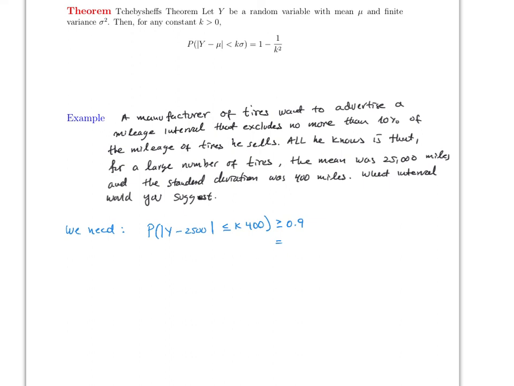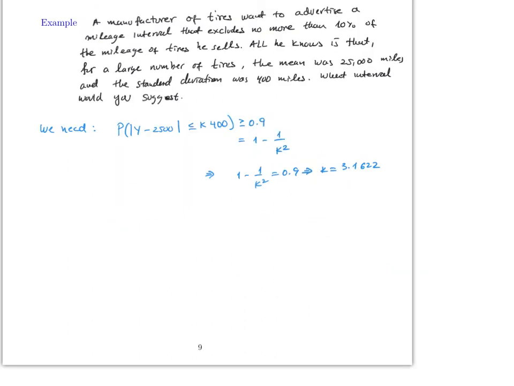But by Chebyshev's theorem, this is equal to 1 minus 1 over k squared. So this implies that 1 minus 1 over k squared has to equal 0.9. And if you solve for k, this will give you 3.1622.